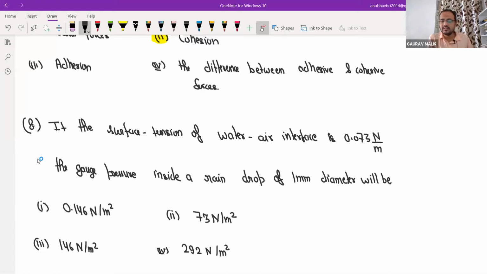The delta P which you will get will automatically give you the gauge pressure. So which one is correct? 292 is the correct answer. Very nice. Keep it up, keep it up. I need an answer from each and every student. Very good, very good. Remaining.